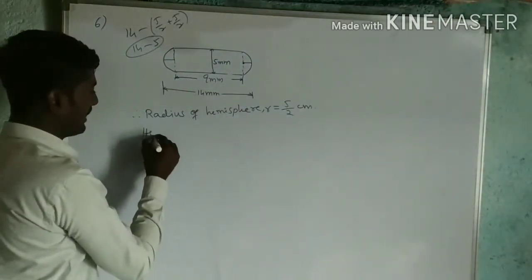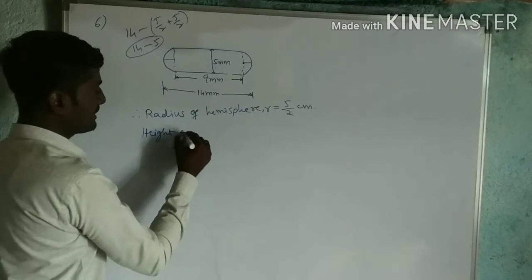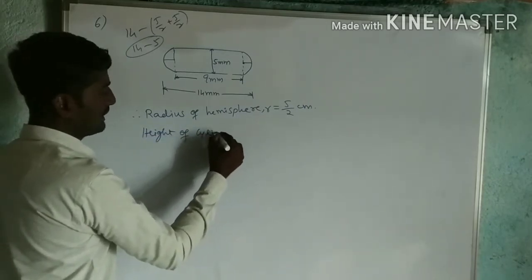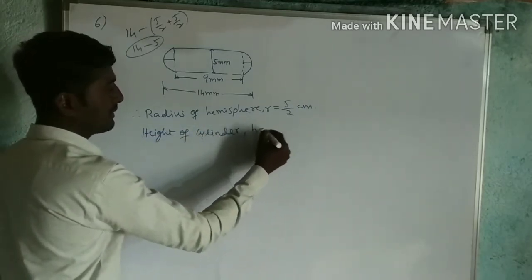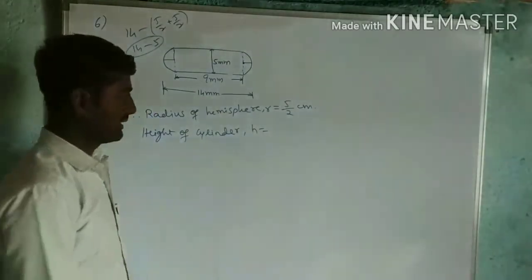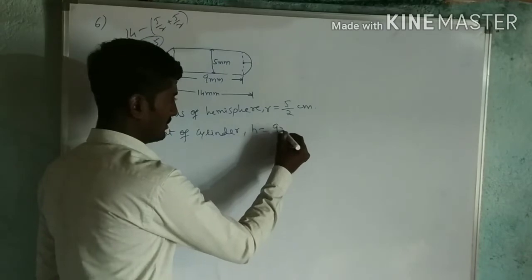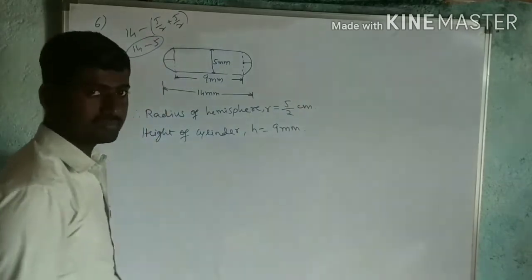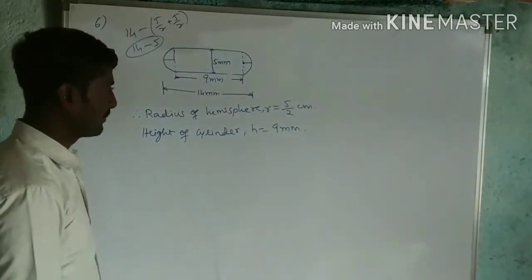So here the height of the cylinder I will take as h. The length of the cylindrical part is nothing but the height of the cylindrical part. So h is equal to 9 mm. Now we shall write the formula.